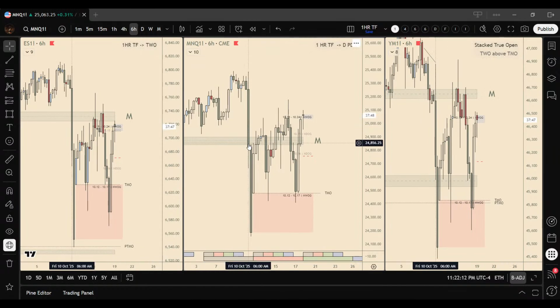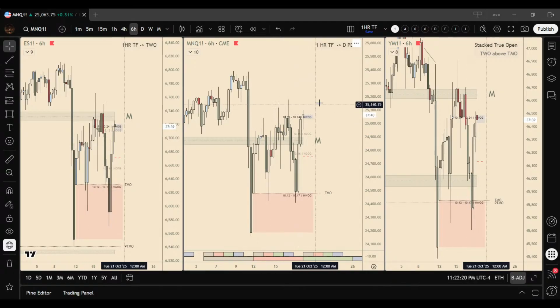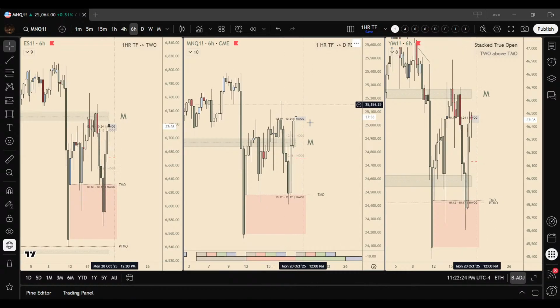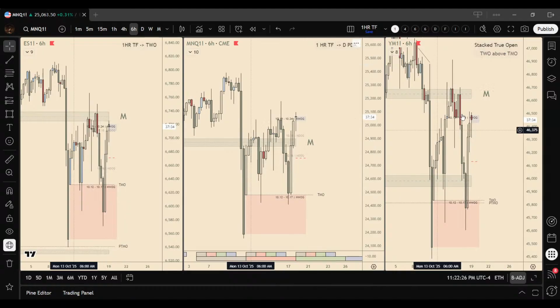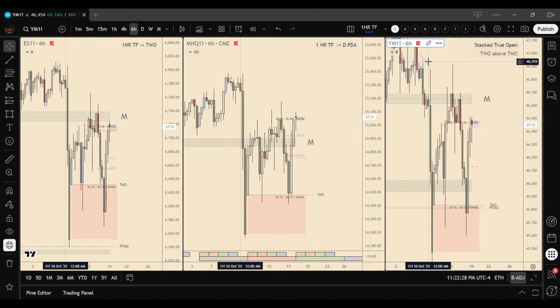We're still trading within this giant imbalance. So if we create sequential SMT, who knows what could happen? We could create sequential SMT and then drop. We could just keep going higher and attack the highs.